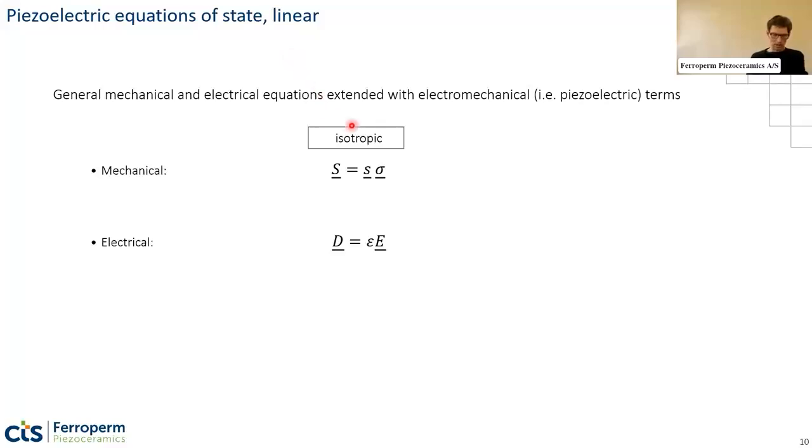So I put here basically some equations that describe the mechanical and electrical conditions for materials. Let's say some insulating material, solid material. So to begin with, if you want to find the strain as a function of the stress, the strain S and the stress sigma, you use something which is pretty similar to Hooke's law.